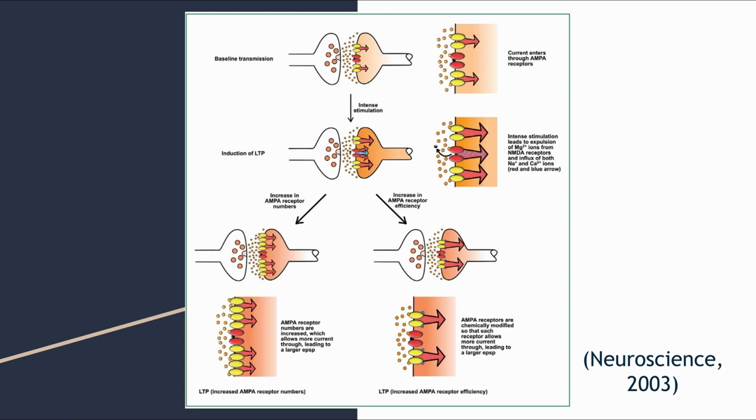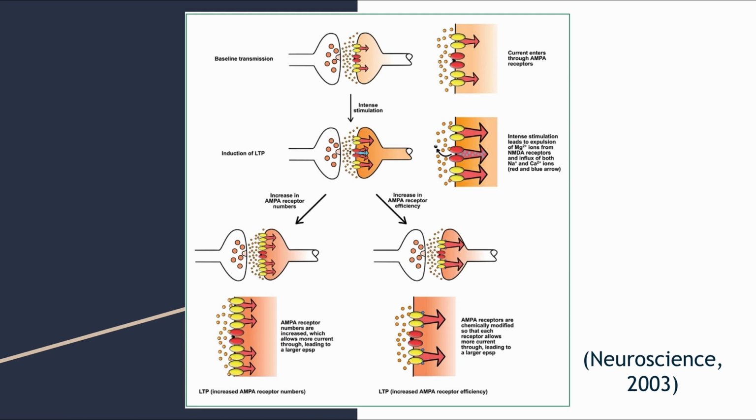In terms of AMPA receptors, they change the strength of neural communications. To strengthen neural communications, the neurons could increase the number of AMPA receptors or increase their efficiency.